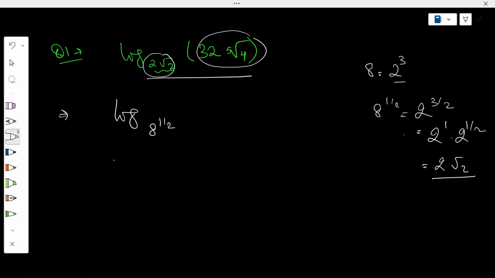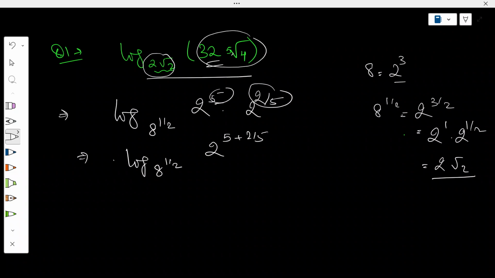Also similarly we can write 32 as 2 to the power 5 and 4 as 2 to the power 2, and this fifth root can be written as 1 by 5.